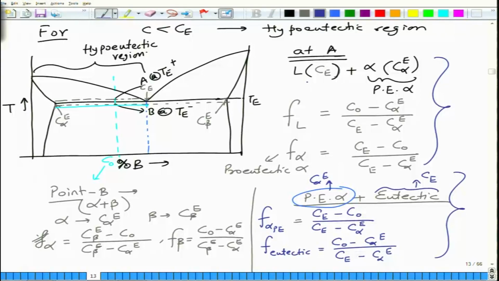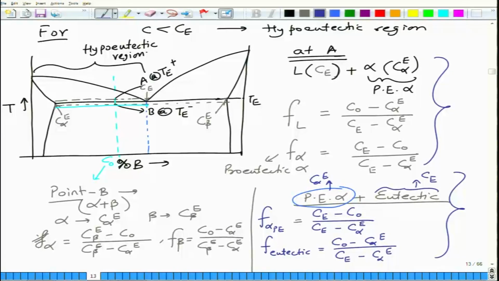Whatever liquid was present earlier is converted into eutectic. So these two are the same. The percentage liquid calculated at point A is the same as the percentage eutectic calculated at point B. However, if you consider alpha and beta phases separately, then their compositions as well as fractions are different.